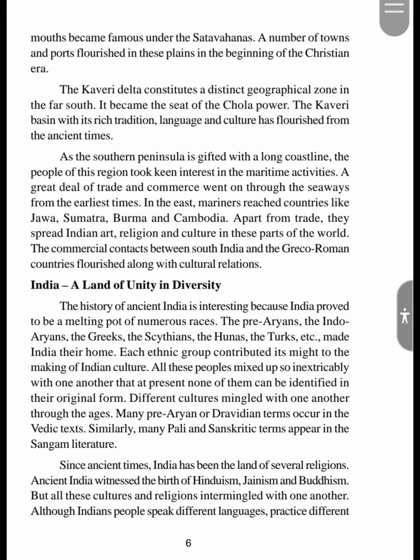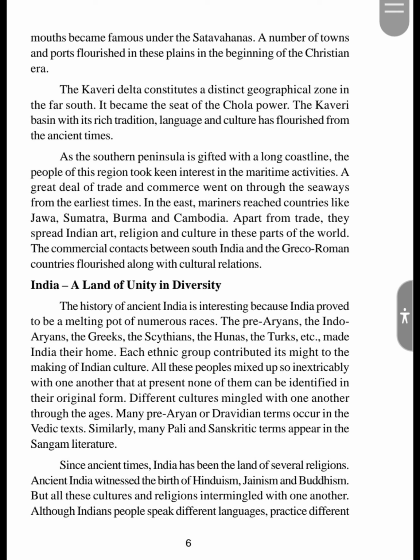As the southern peninsula is gifted with a long coastline, the people of this region were keenly interested in maritime activities. A great deal of trade and commerce went on through the seaways from the earliest times.